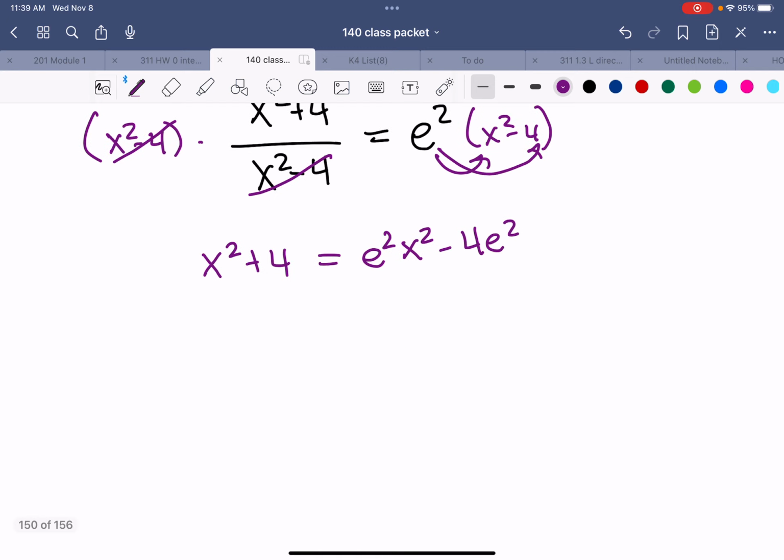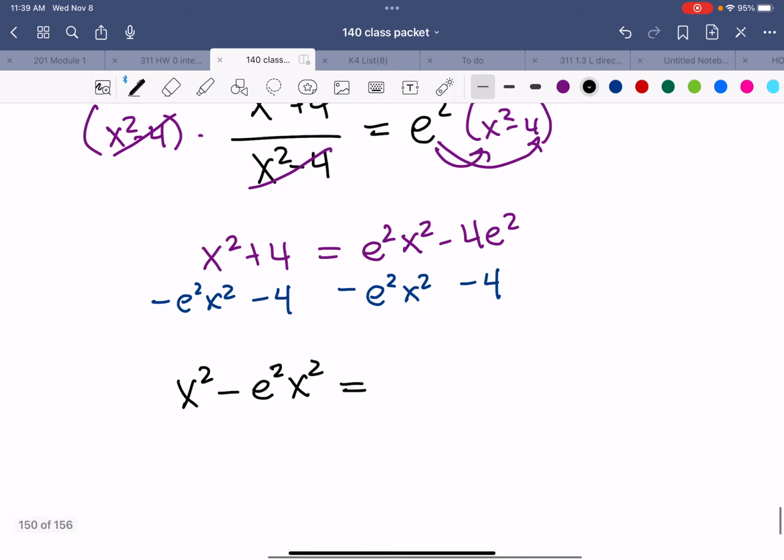And again, I want to put all my x's on one side and my numbers on the other. So we're going to subtract an e squared x squared, and let's subtract a 4. And that will leave me with x squared minus e squared x squared equals negative 4e squared minus 4.